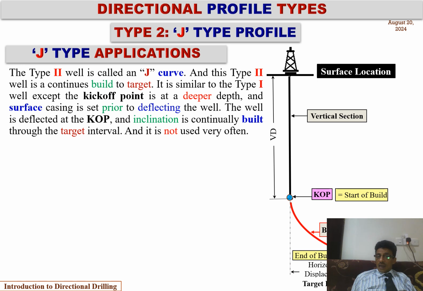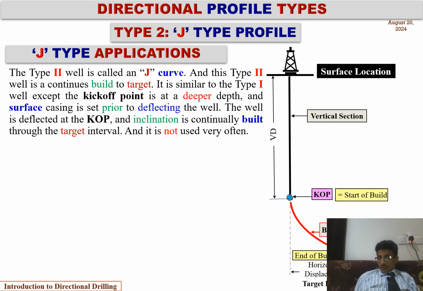This type is called the J curve, and this type two well is a continuous build to target. It is similar to the type one well except the kickoff point is at a deeper depth.